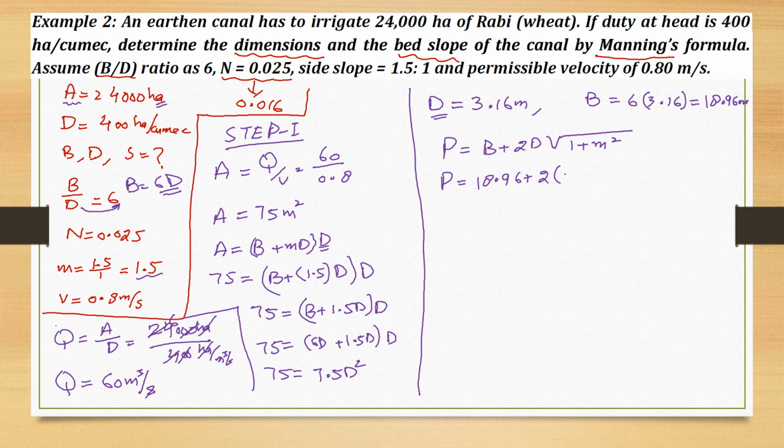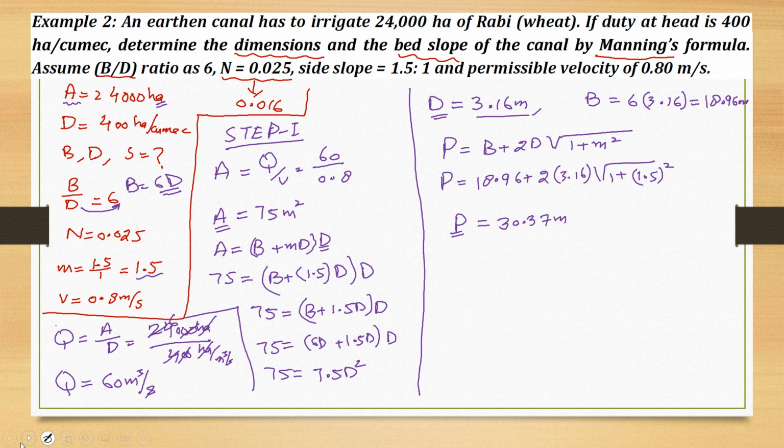That is 3.16, this one, and 1 plus M is 1.5 here, 1 plus M square. If we calculate the value of P, it will be equal to 30.37 meters. So we have value of P, we have value of A.